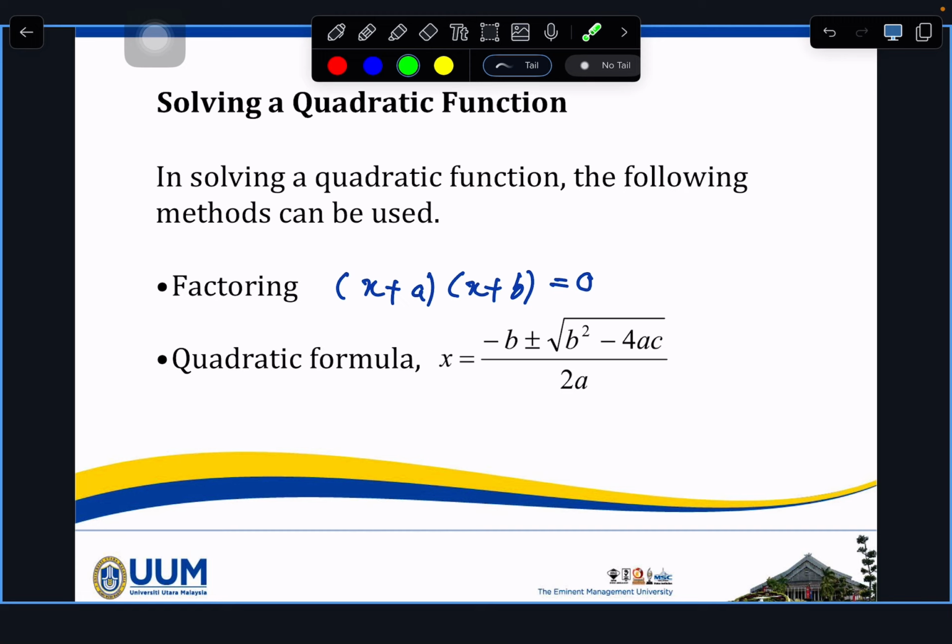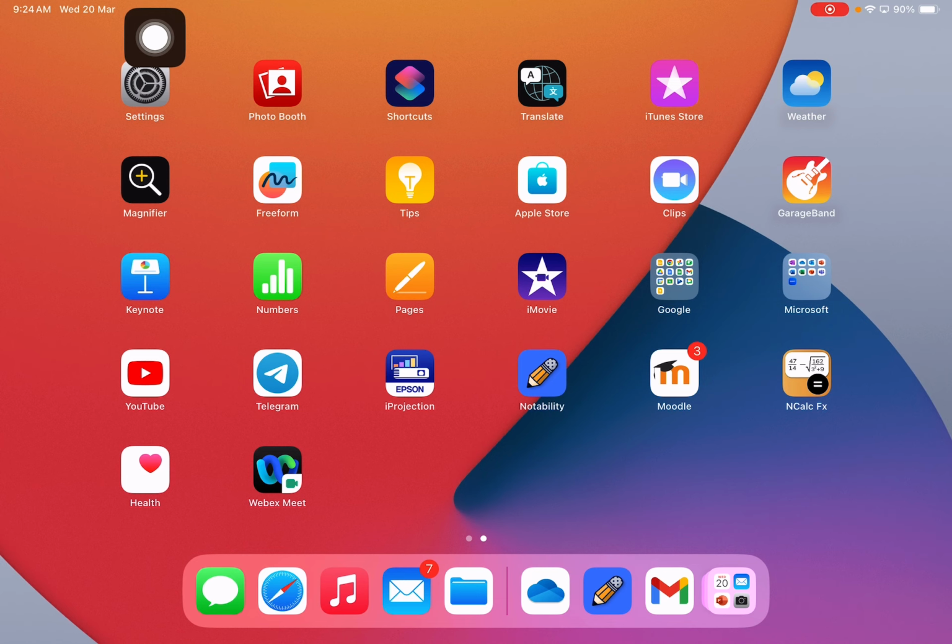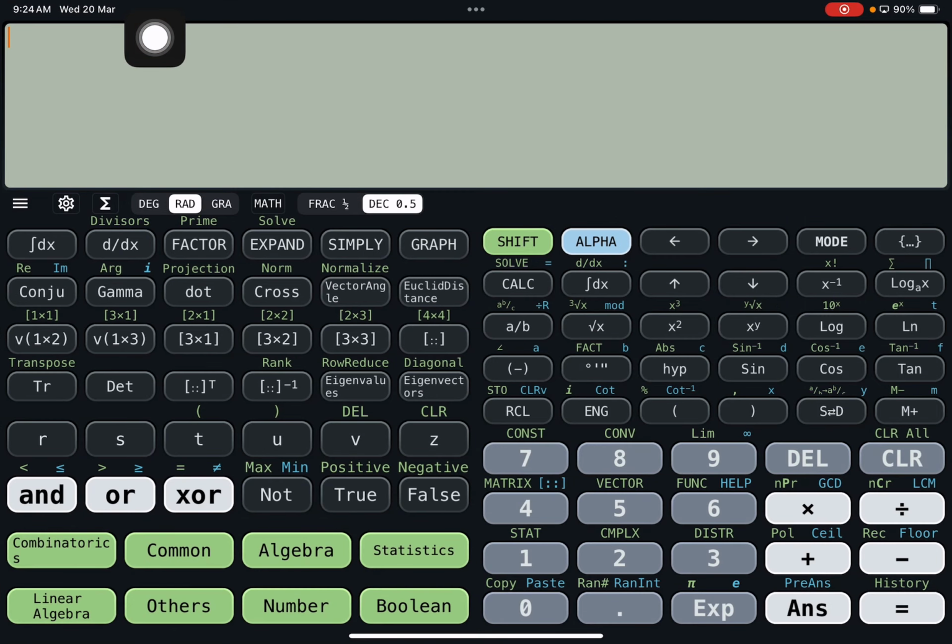And for those who have a tablet, because my calculator is out of battery, guys, I bought something from the App Store. I think this one is good and quite cheap compared to this calculator.